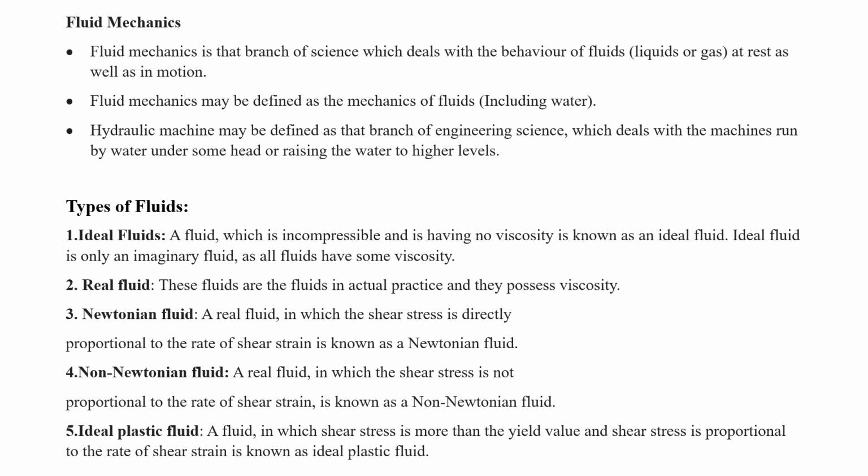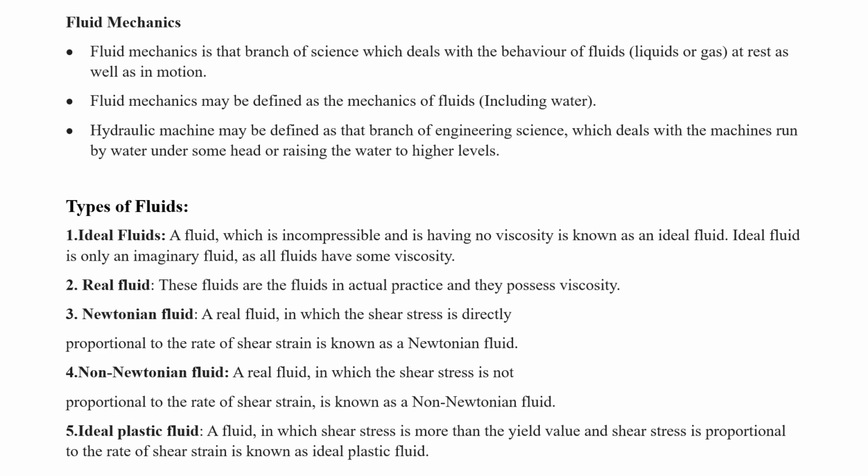Fluids are basically classified into 5 different types. The first one is ideal fluid, which is an imaginary fluid. It is incompressible and does not have any viscosity. Second is real fluid. These are the fluids in actual practice and they have viscosity. Third, Newtonian fluid.